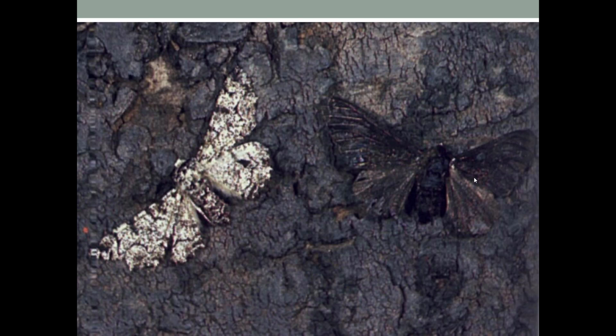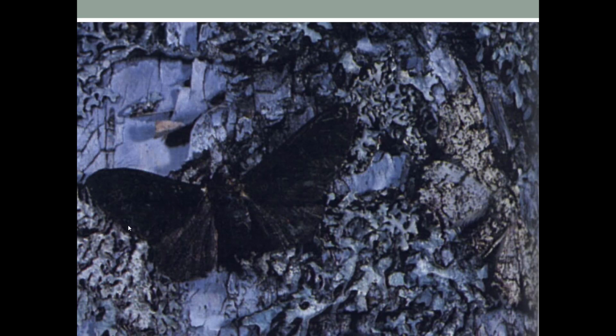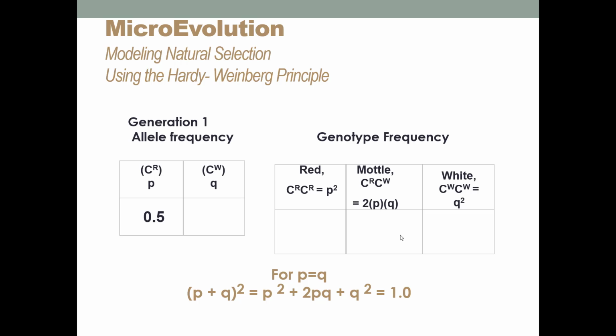And then the white moth stood out, but the black moth became more common. Then later on, environmental policies changed, and the factories cleaned up their act, and the tree bark started going more white with more lichens on it again. Now the white moth is much more camouflaged than the black moth again. So we've been able to see this change, this evolution over time.